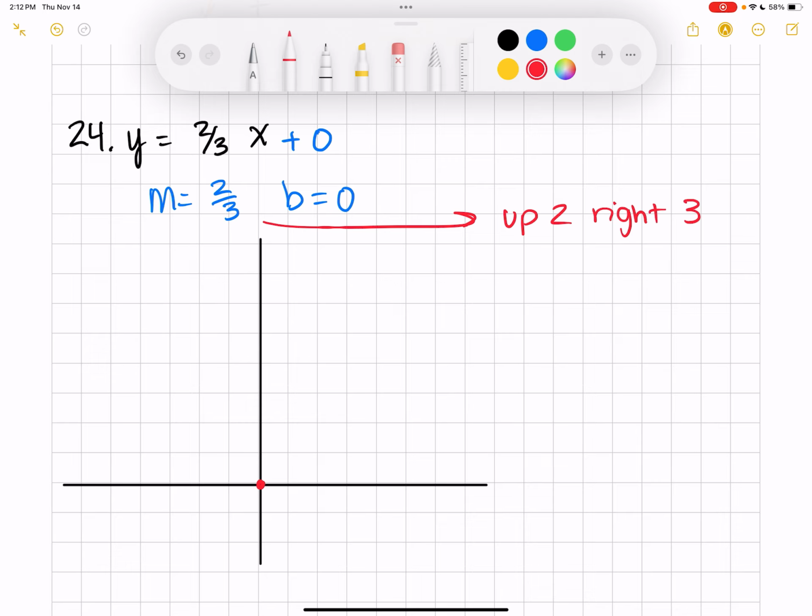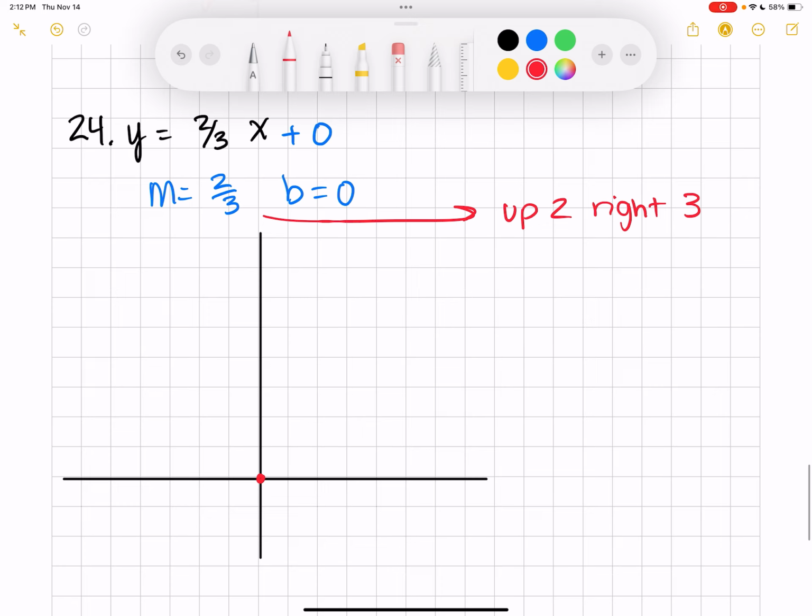So I go up 1, 2, right 1, 2, 3, and I put a point. I go again up 1, 2, right 1, 2, 3. Then I just connect the dots as best as I can. If you want to use a ruler to make it straight, you can do that. And that would be graphed.